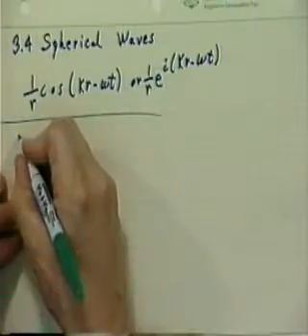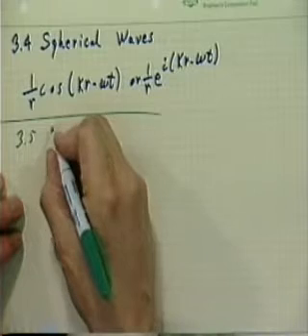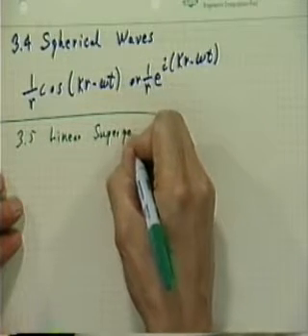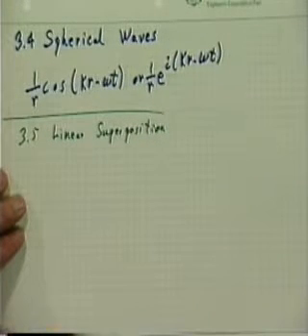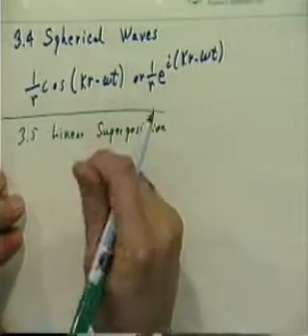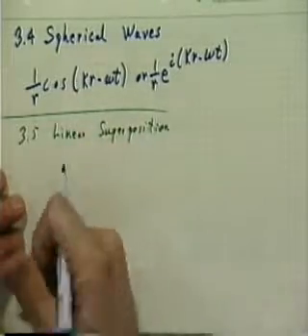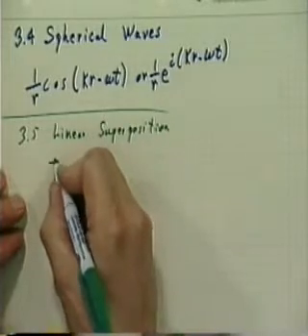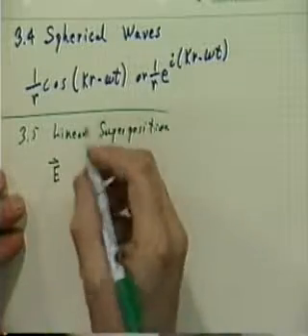Okay, 3.5. Linear superposition. You see that green okay? Well, in this course, whether we're talking about interference or diffraction, we're going to have generally a lot of beams, a lot of electric fields.